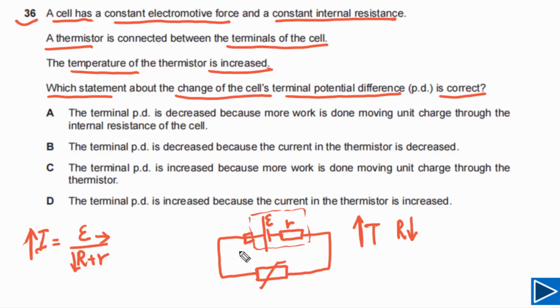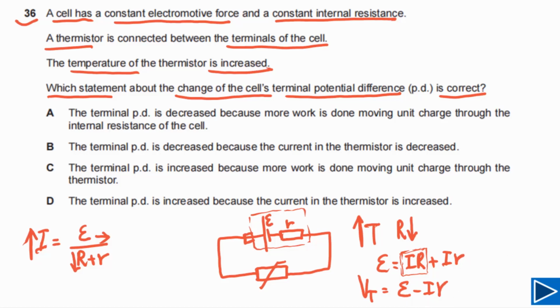If the current in the circuit increases, then we can simply understand EMF is equal to I times capital R plus I times small r. In this case, you can say this is the terminal potential difference. So we can simply write this is Vt, and this is equal to EMF minus I times r.